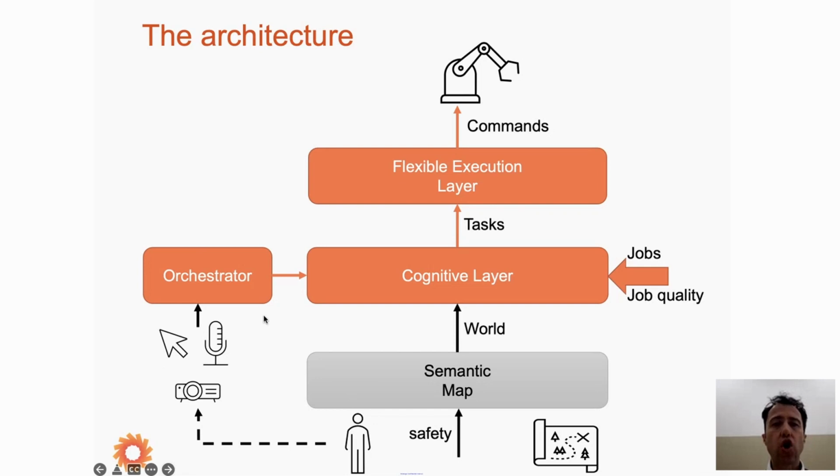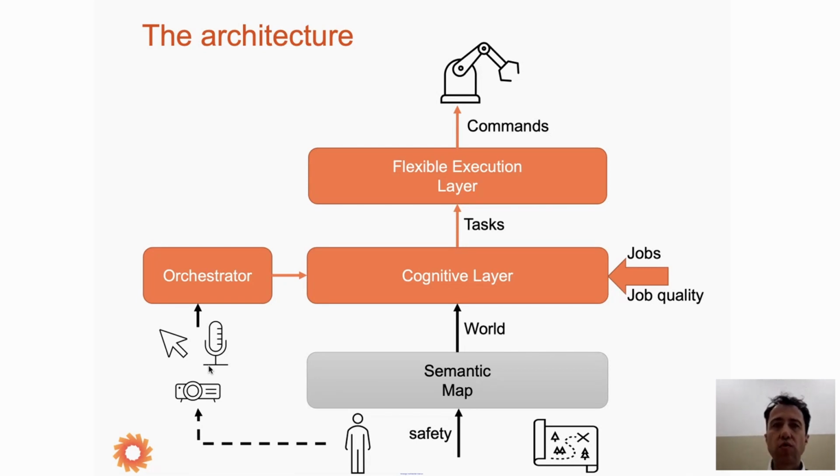So the human can talk with the cognitive layer, as we will see later, through several means, mic, graphical user interface, whatever, basically, and the orchestrator will transform this in a message for the cognitive layer. The cognitive layer outputs a set of tasks for the robot, and these tasks are physically executed through the flexible execution layer that plans the motion and the actions that the robot has to do.